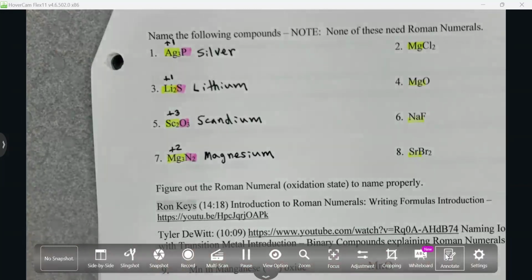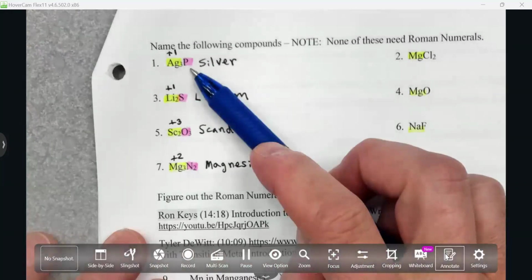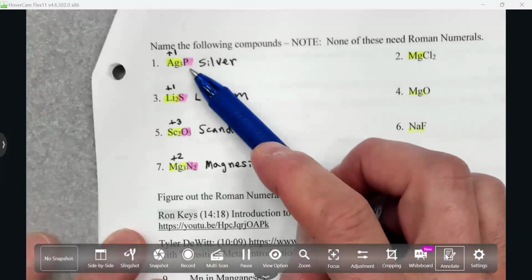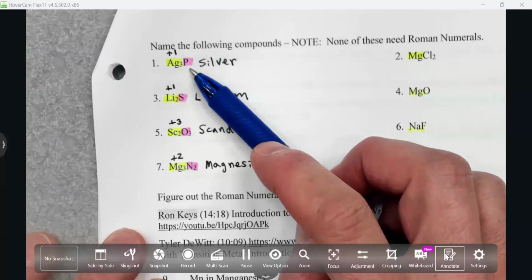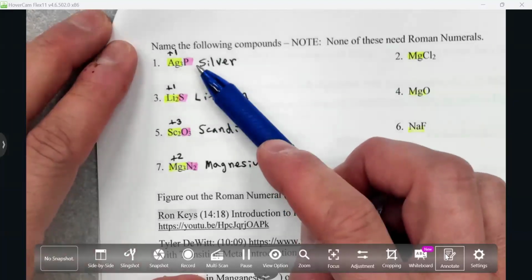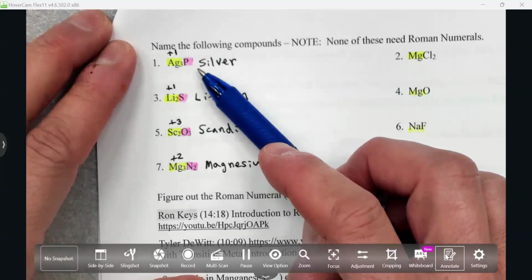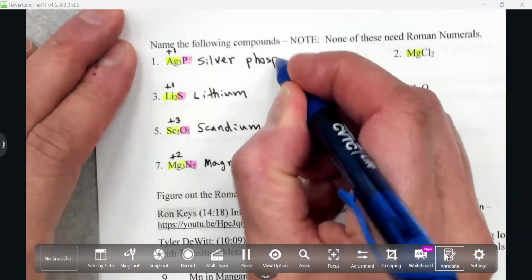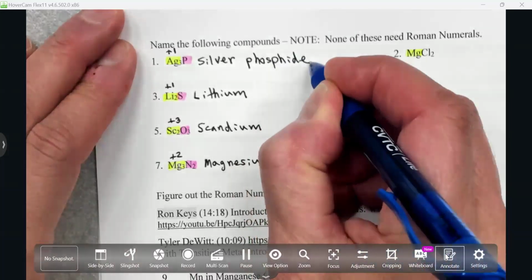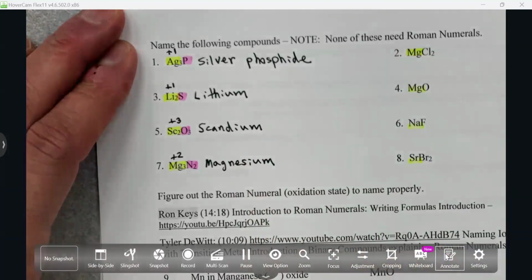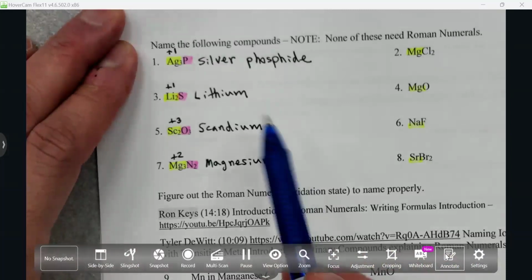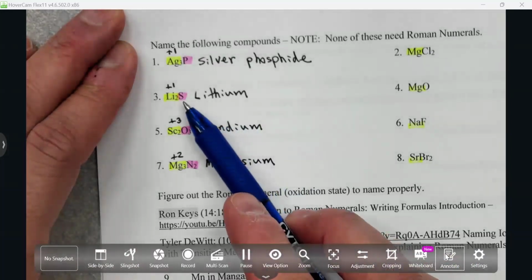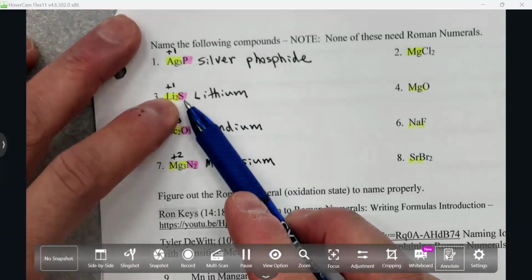For our negative ion, P, if it's a neutral atom or a positive ion, would be called phosphorus, but you know it's negative, correct? So it's not going to be called phosphorus. It is going to be phosphide, right? IDE. So this is going to be lithium, not sulfur.